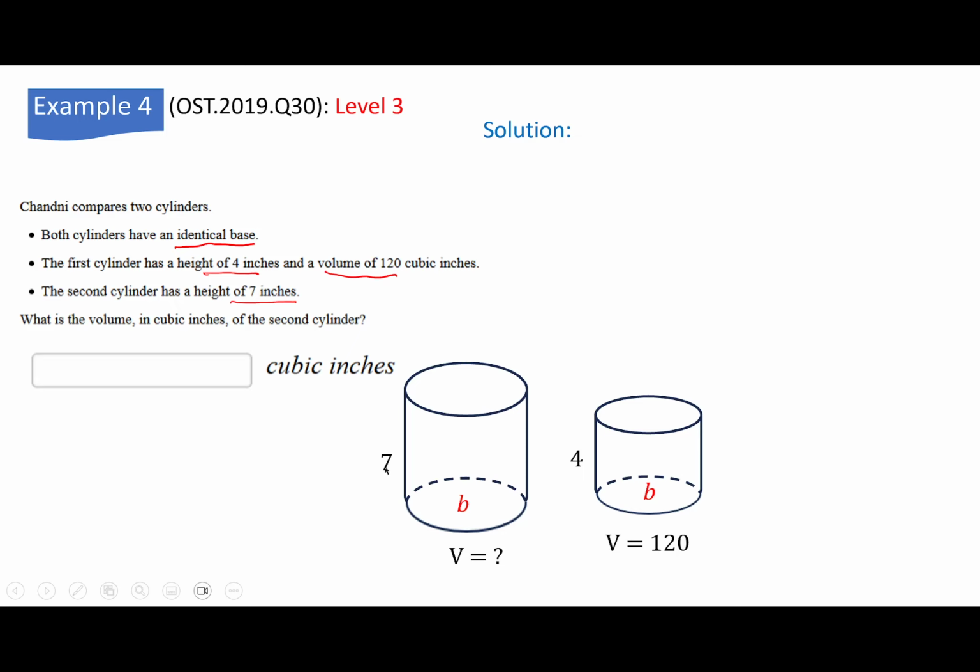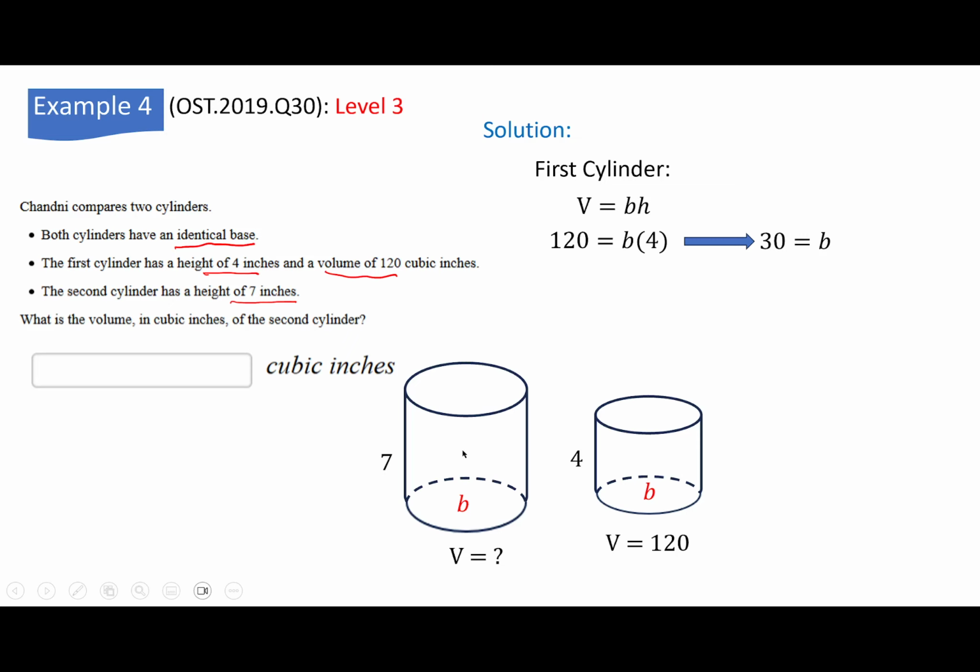So we need to find the volume of the second cylinder, okay? For the first cylinder, the volume is base times height. I know that 120 is equal to b times 4. From here, I can get b. B is 30.